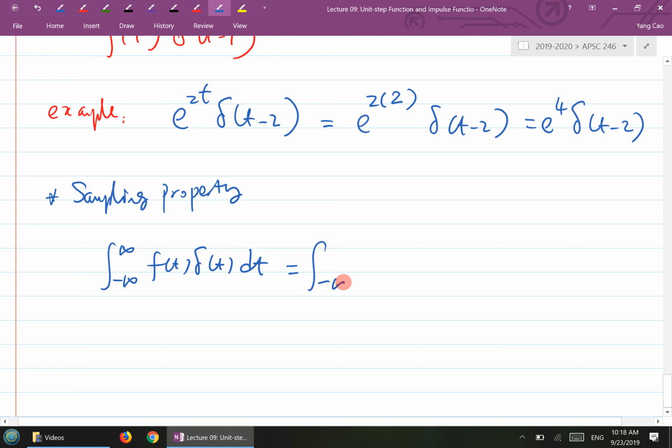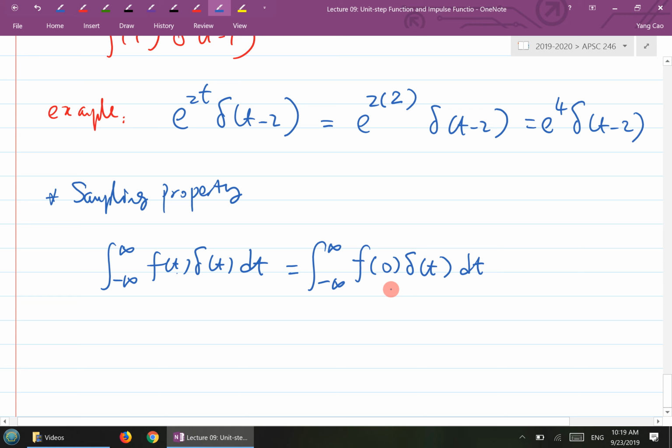We will apply the property we have just done. When you multiply any function with delta t, you can just simplify the f of t to f of 0, and then dt.